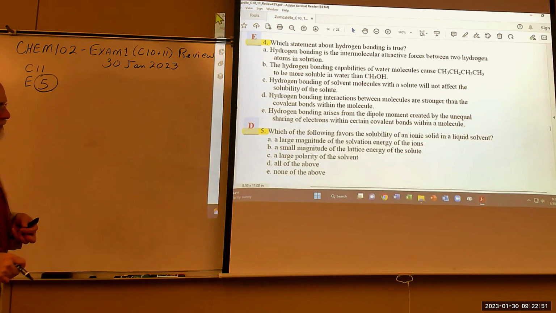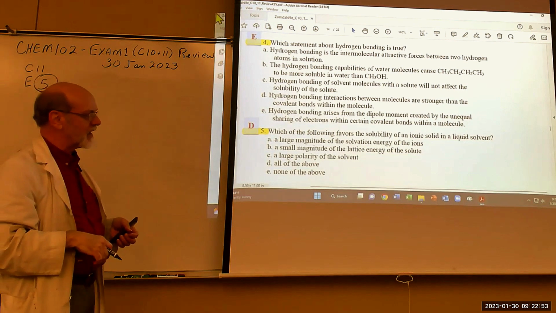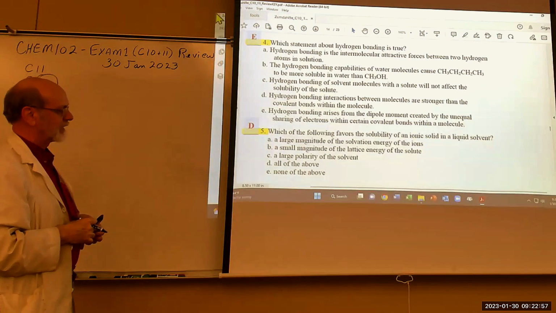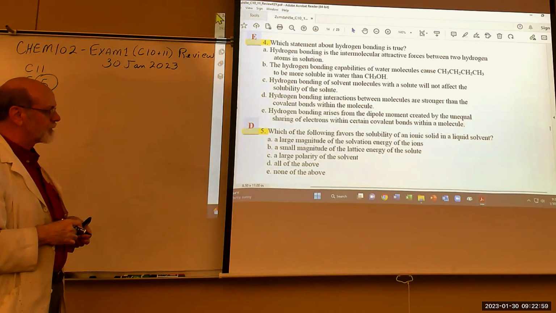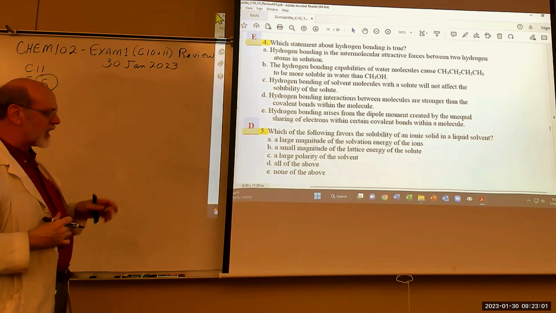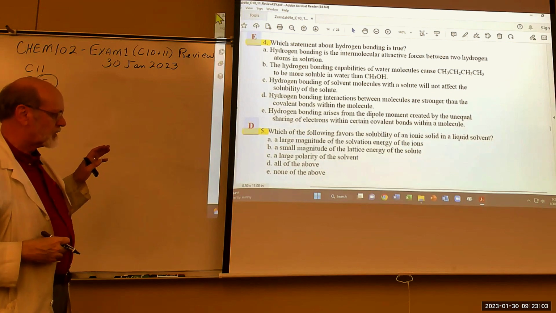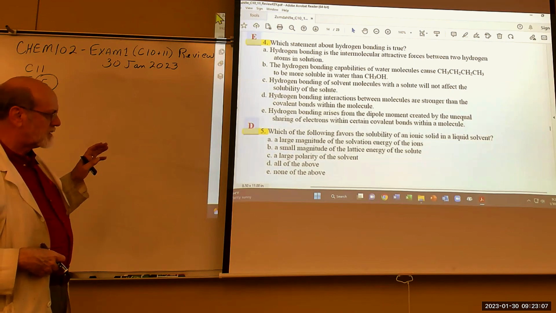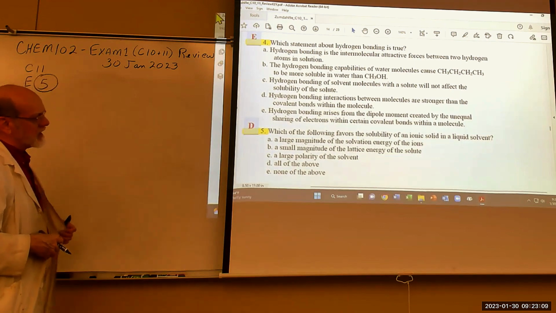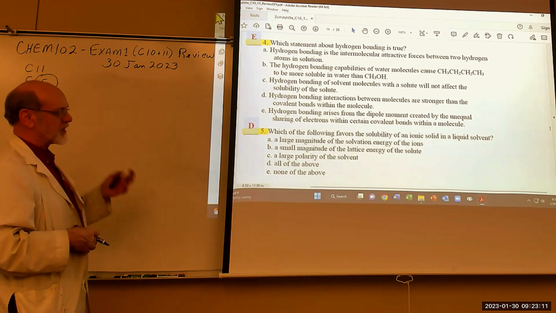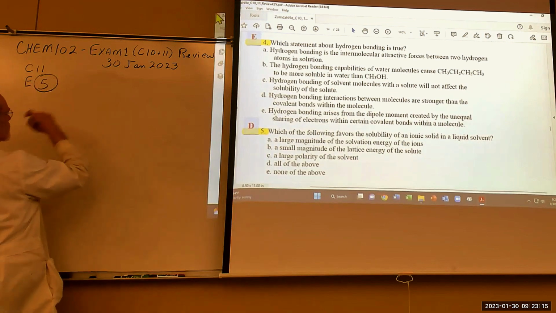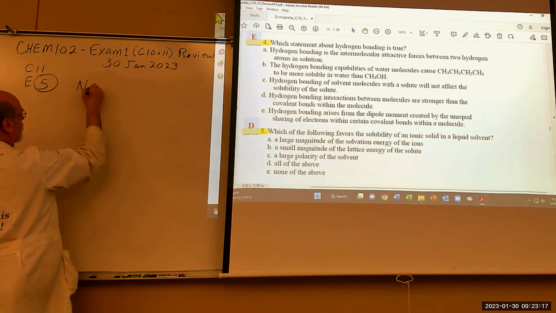Five. Which of the following favors the solubility of an ionic solid in a liquid solvent? Okay, it looks like we're looking at a stepwise process for solubility. So if we have an ionic solid, let's take, for example, sodium chloride.